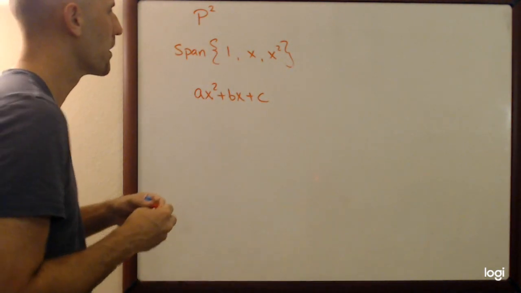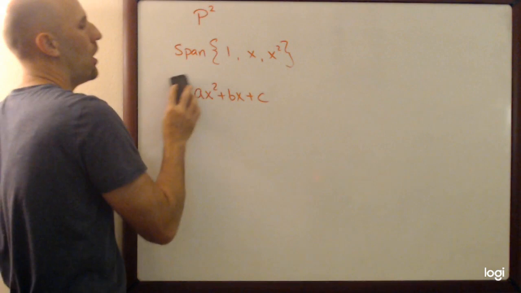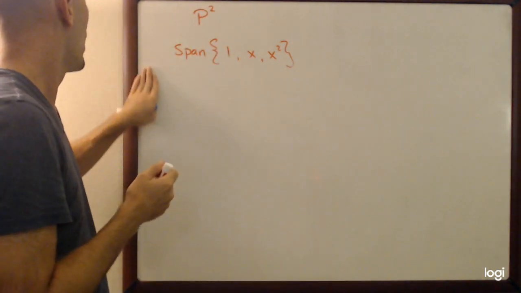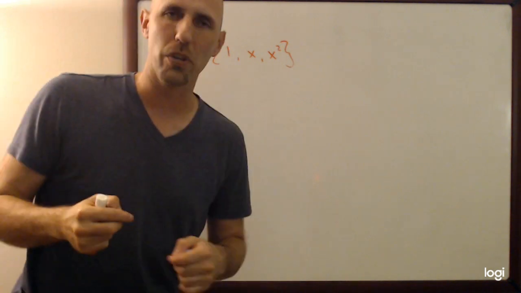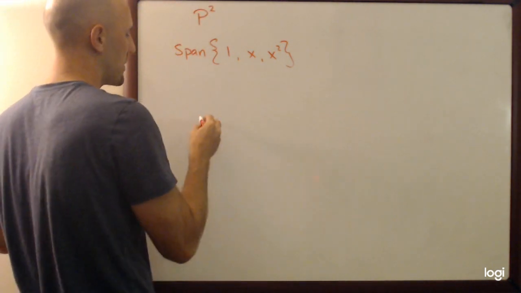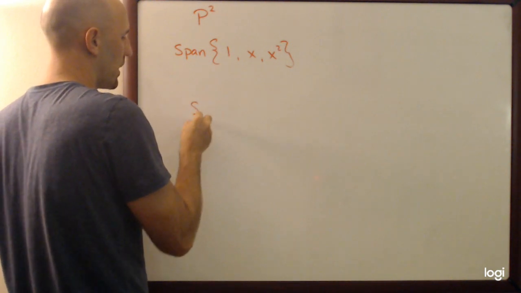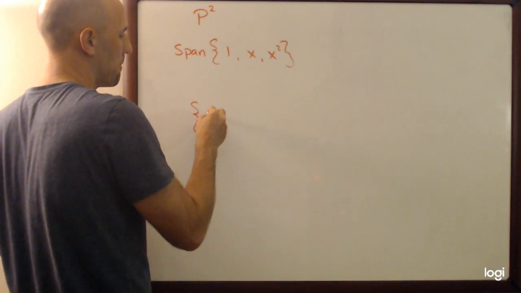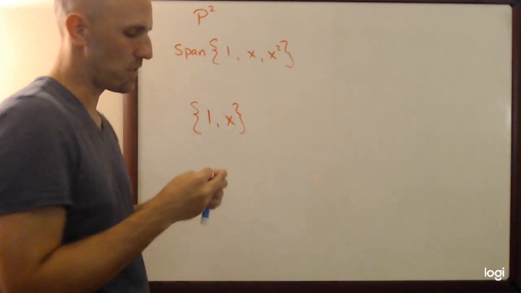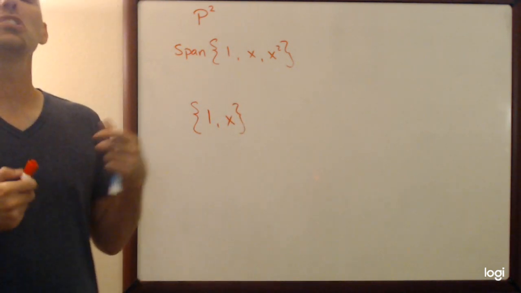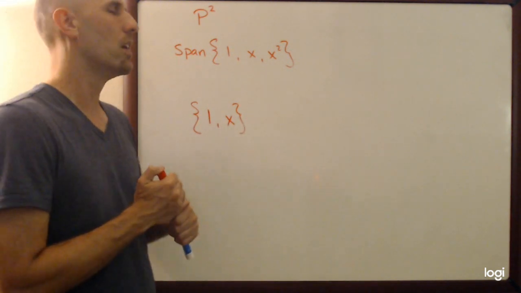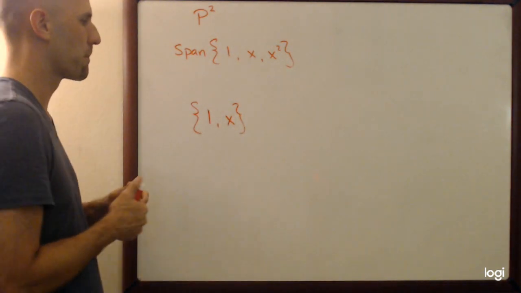Okay? But let's say I give you other vectors in P2, and I ask you, maybe they don't span P2, but are they linearly independent? So let's talk about this collection of vectors. Maybe 1 and x. Now clearly this doesn't span all of P2 because you can't make quadratics from just 1 and x, at least not with scalar multiplication and vector addition.